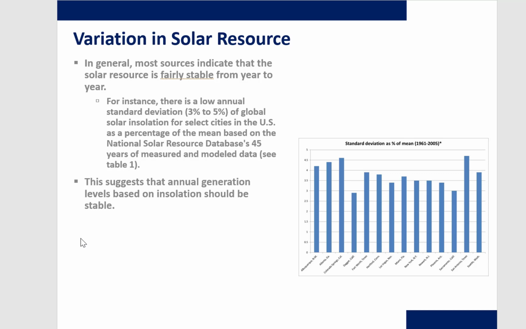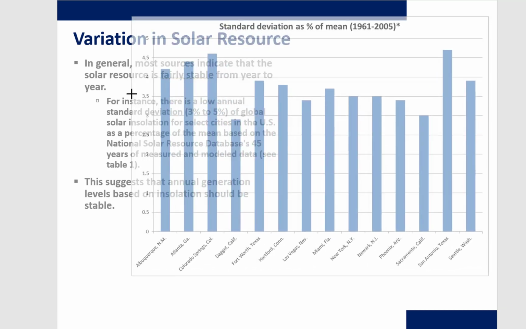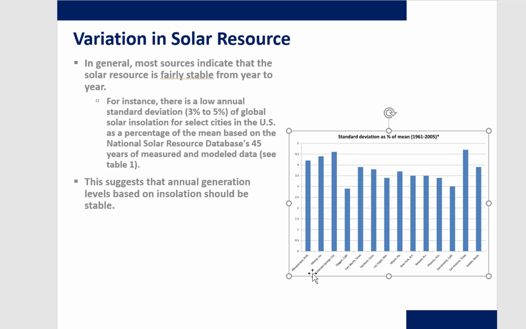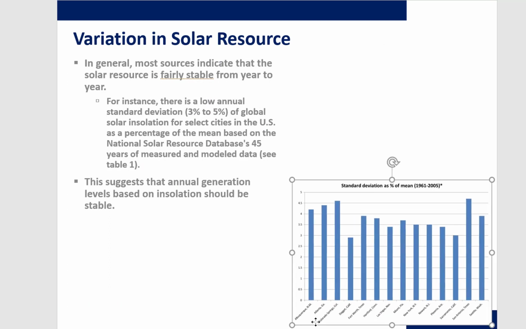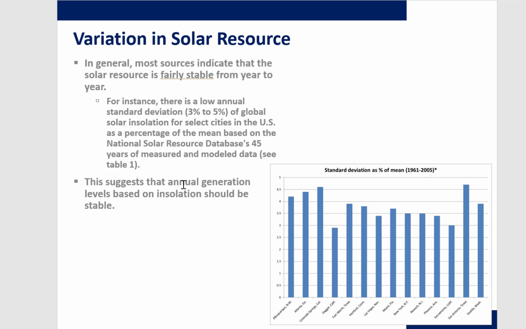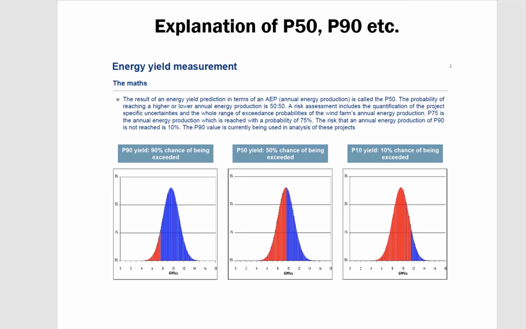Now, I have put here, need to make it larger. This is the standard deviation divided by the mean for different places. And I wish I would remember where I got that from, and I can't. So I'm going to go to the next slide.